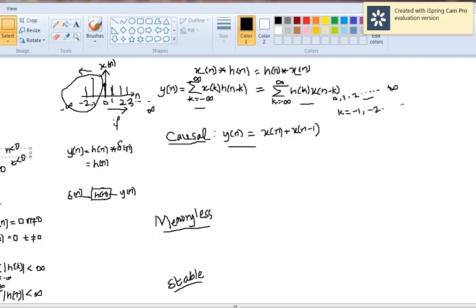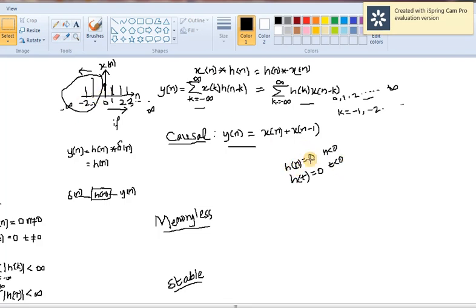So we are establishing the condition for causalness of the system. The condition for causalness of the system is this way: our h of n is equal to 0 for n less than 0. I mean, in case of discrete signals, none of the samples are there on the left side, or if the samples are there, they are of 0 value.